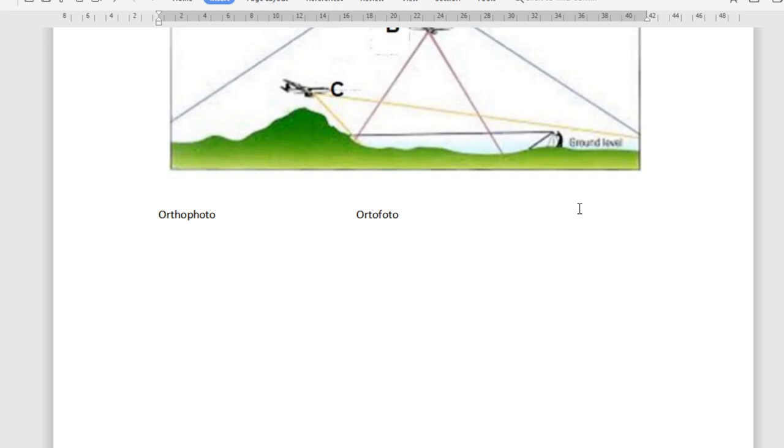Okay, so an orthophoto is a combo between a map and a photo. So it gives us a vertical photo, and it puts the map on top of it.